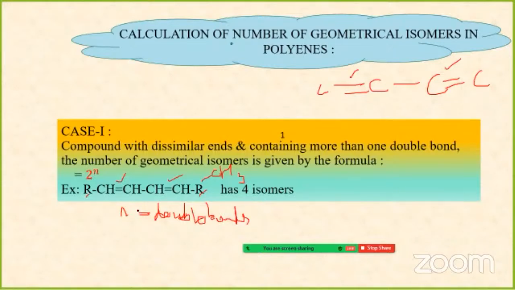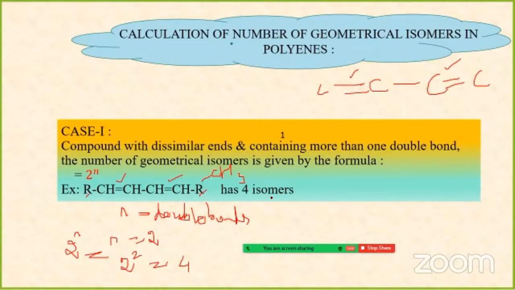Here, how many double bonds do we have? 1 and 2. So if you substitute n equal to 2 in the formula 2 to the power of n, we get 2 squared, which gives 4. That's why for this example we get 4 isomers.